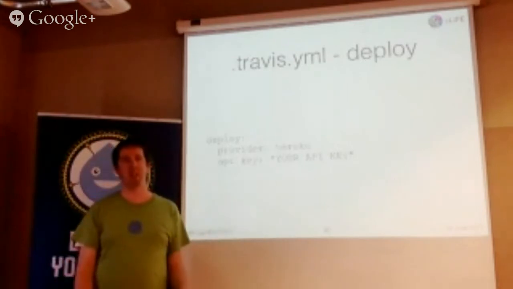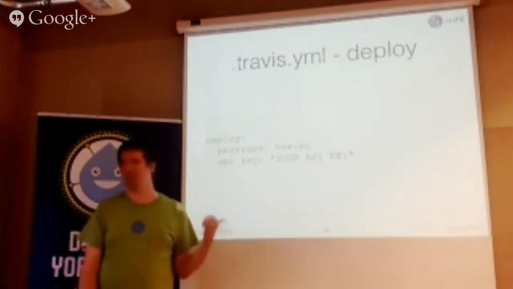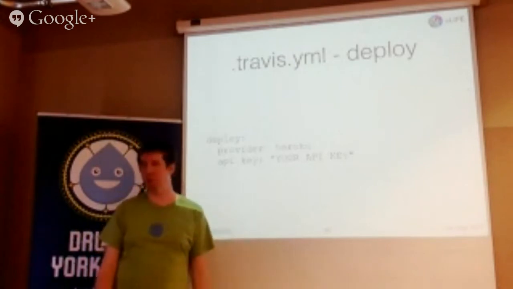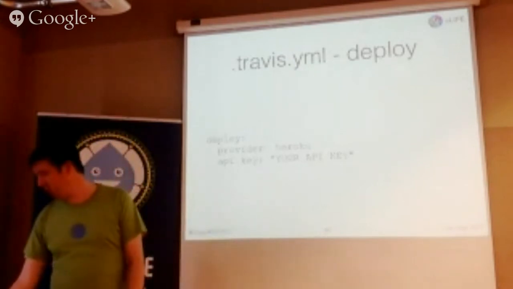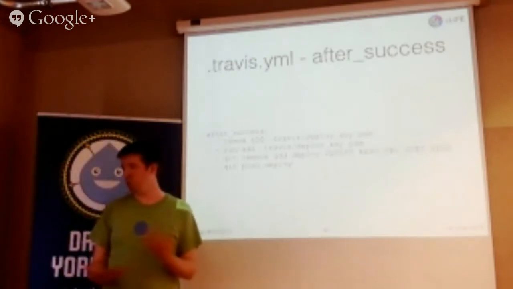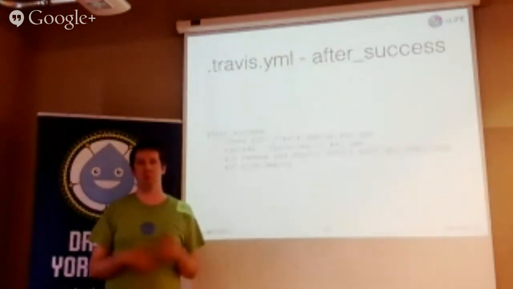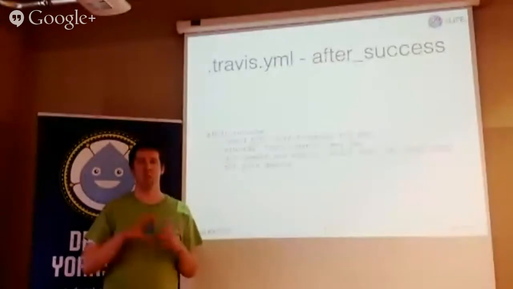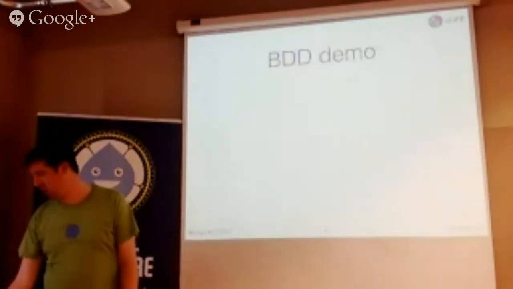If it passes all the acceptance criteria and all your tests, then you might wish to deploy it. Here's an example of how you would deploy a Heroku app. Or you could do something a bit more custom using the after success step. You could create a tag and commit that to your Git repository.